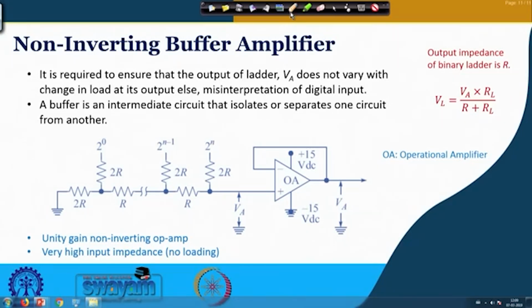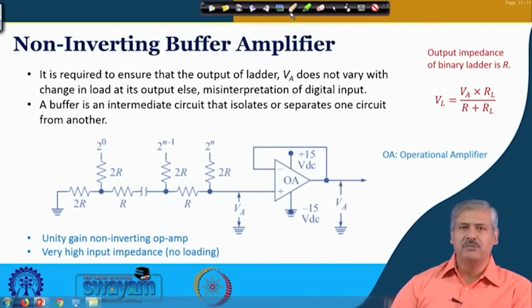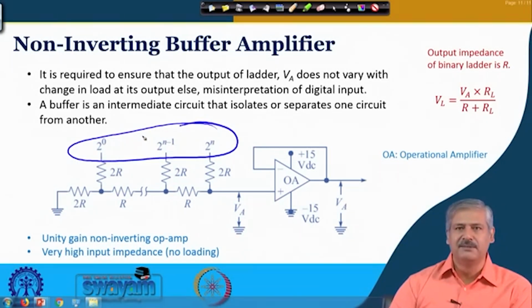So, a buffer amplifier can be put at the output of a ladder. Because with the loading effect the voltage changes, it will not be clear what the corresponding digital input was. It could be considered that some other input was there. So, the integrity will be lost, right.